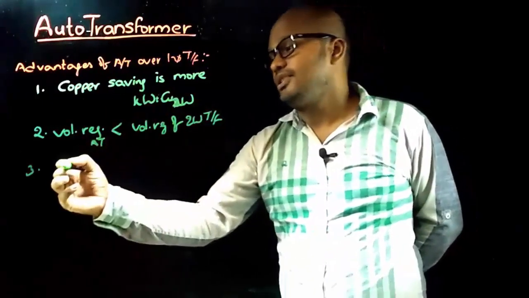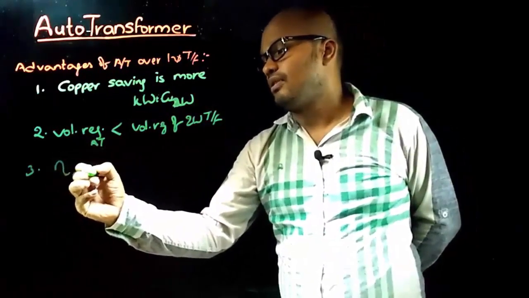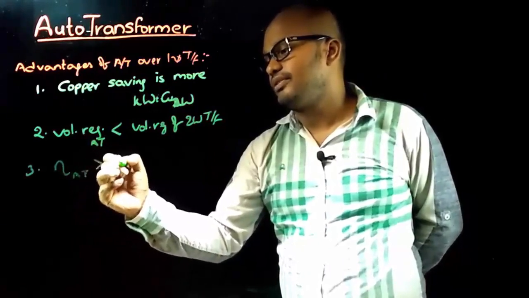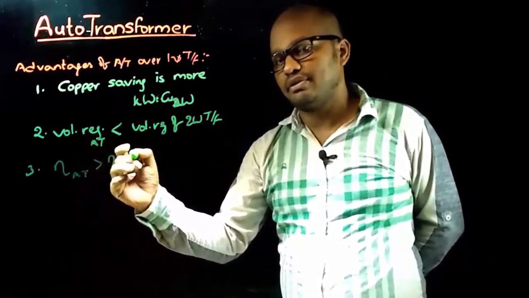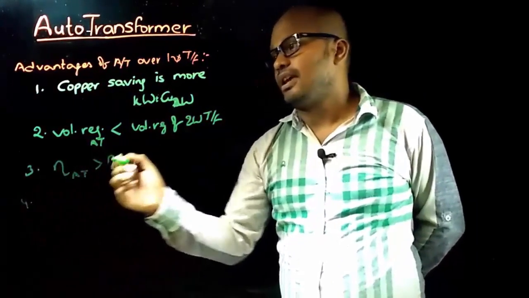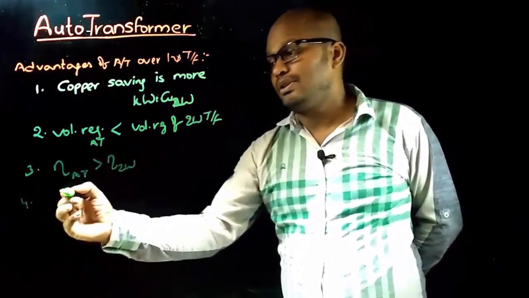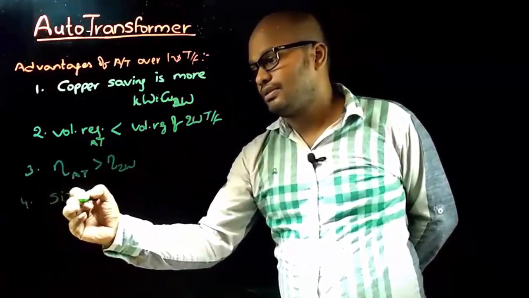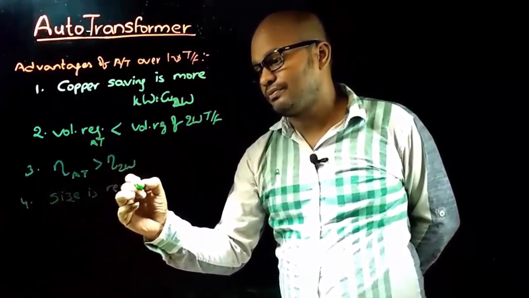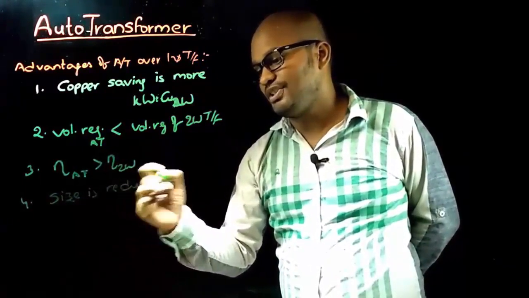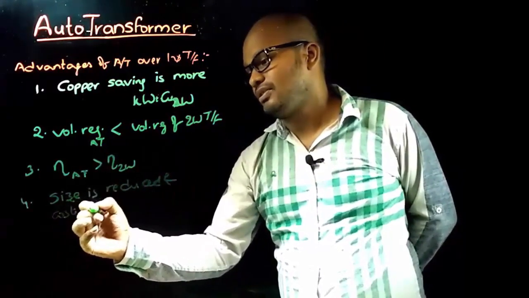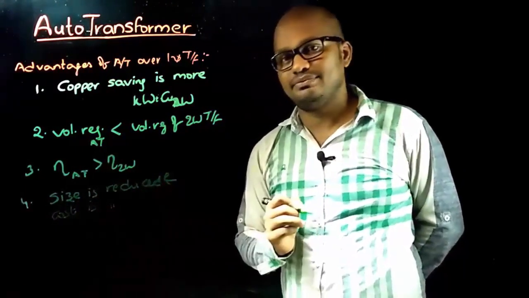And the other advantage is that efficiency of autotransformer is greater than the efficiency of two winding transformer. And as copper saving is high in case of autotransformer, size is reduced and obviously cost is reduced.